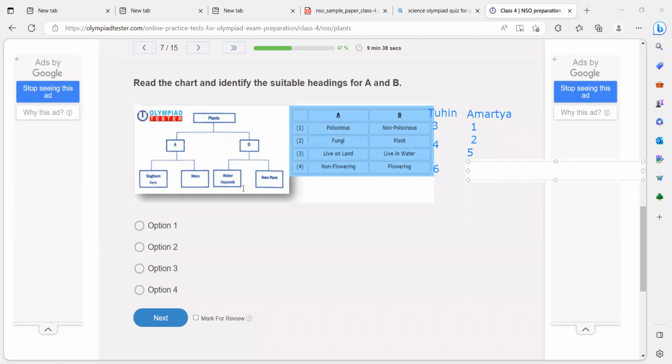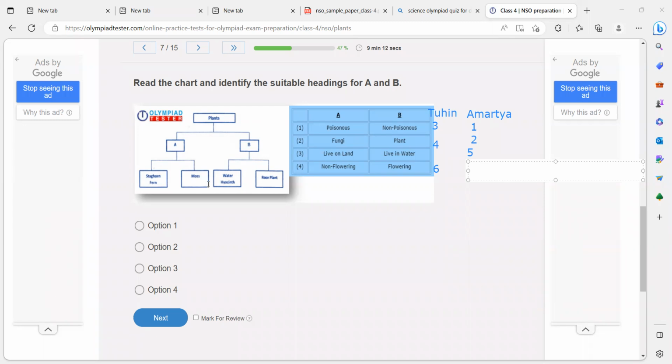Yes, ma'am. Okay. Now, what is staghorn fern? Staghorn fern is a type of plant that grows on land. Is it clear, Udit? Yes, ma'am. Okay. The same thing goes with moss. This is also a type of plant that grows on land. Is it now clear?